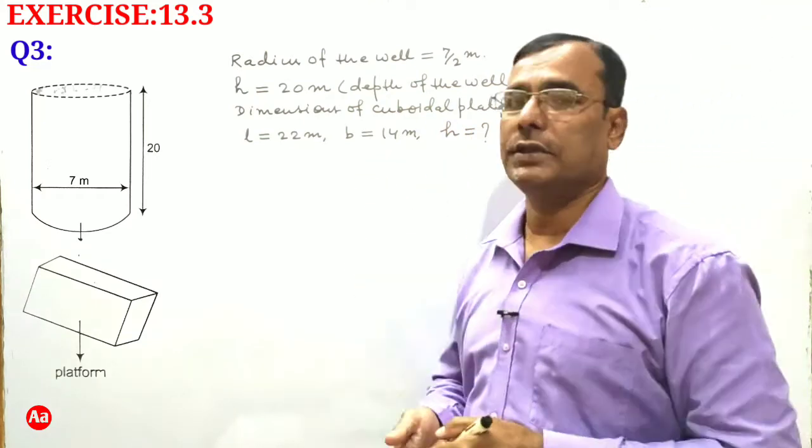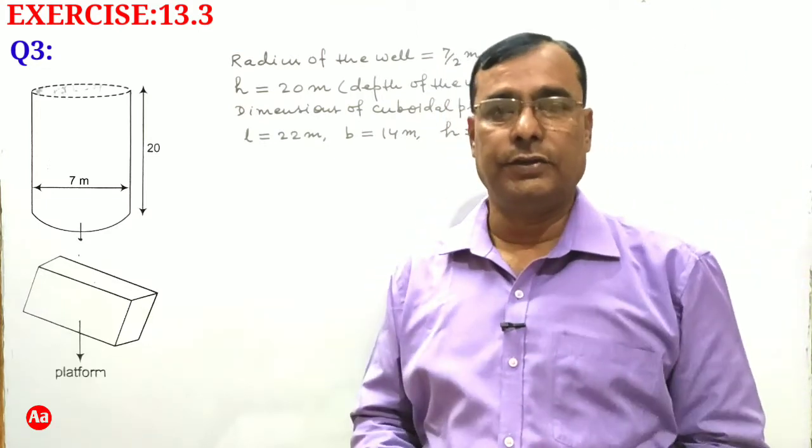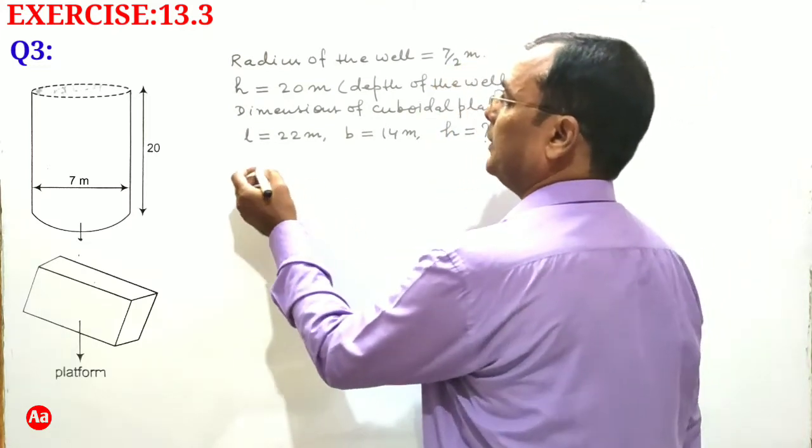So these are the dimensions given in the question. First we will find volume of the earth that has been dug out from the well, which is in the cylindrical shape.